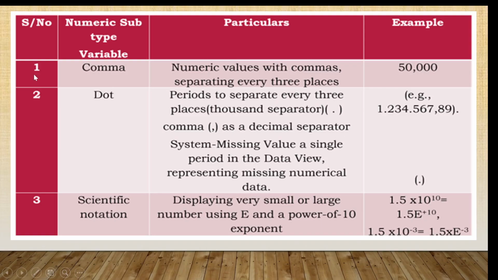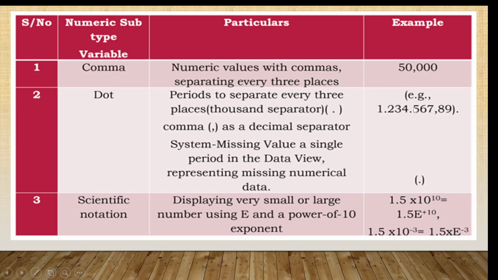For example, the numeric subtype of comma: these are numeric values with commas separating every 3 places. Like in 50,000, the 3 zeros are separated by the comma. The dot uses periods to separate every 3 places. It is called the thousand separator.